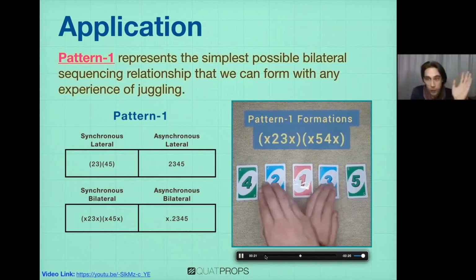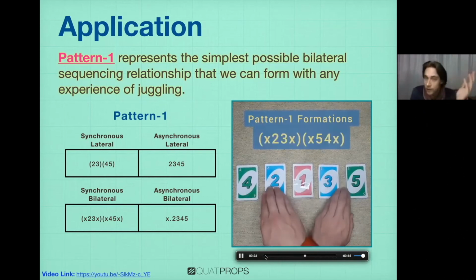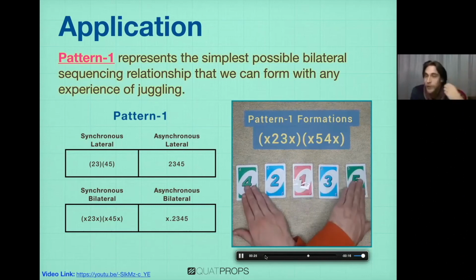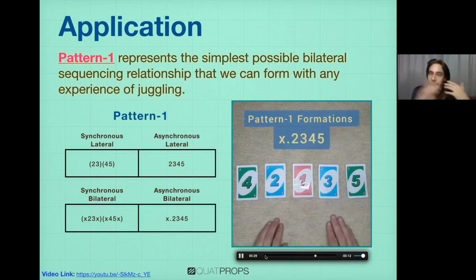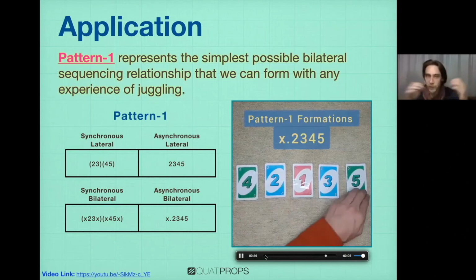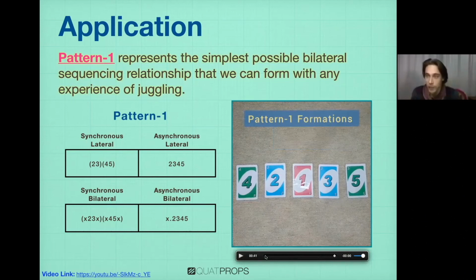And then same locations again, same order, but synchronous bilateral. We only change the relationship of the formation. That's what this system allows us to do: to really structure and organize all of our material based off of the type of spatial information it's asking me to process and the type of formation I'm forming with that information as well.